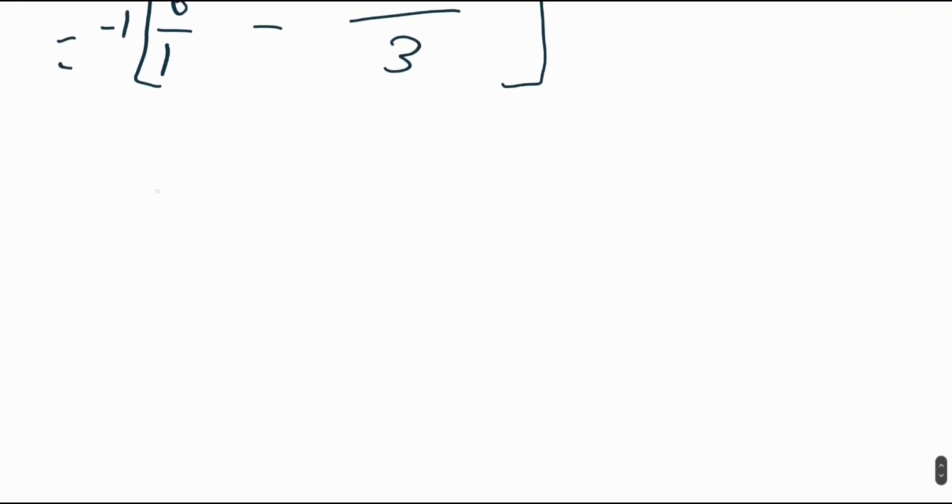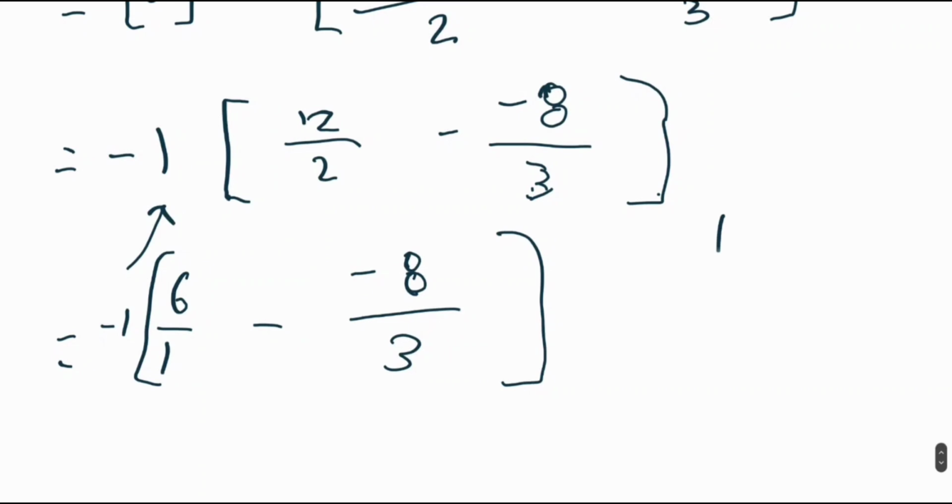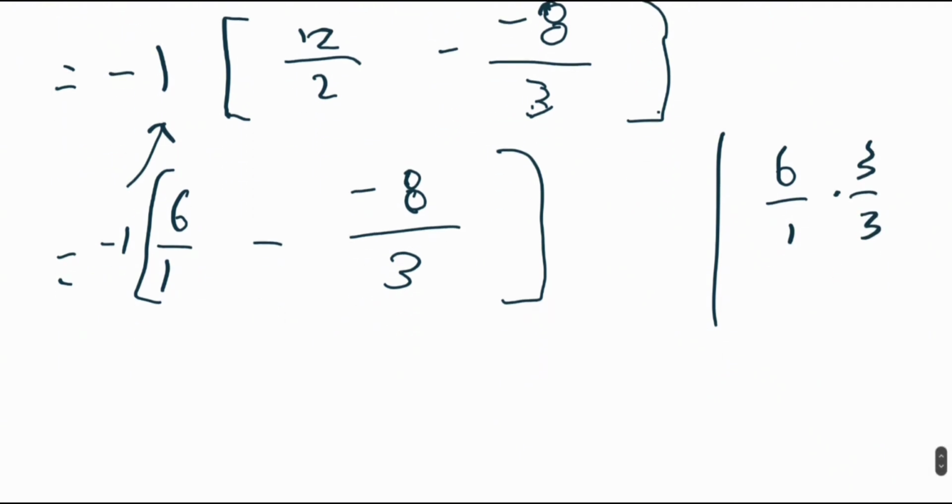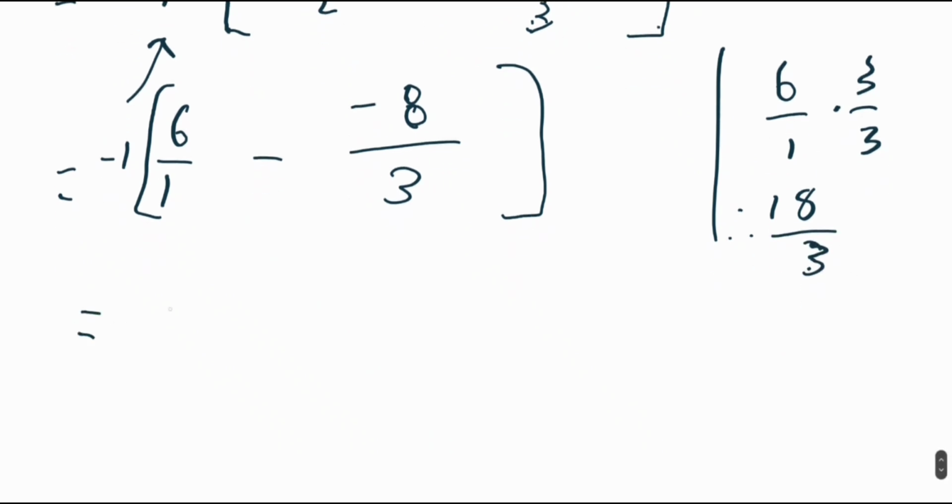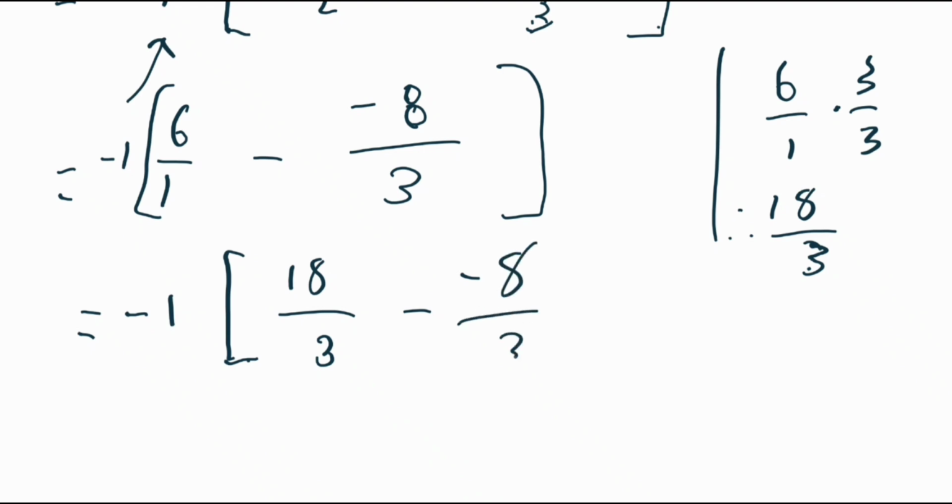To be able to simplify this, we're going to times 6 over 1 by 3 over 3. So this will give us 18 over 3. Now they've got the same denominators, so we can put that into the equation. 18 over 3 minus -8 over 3.